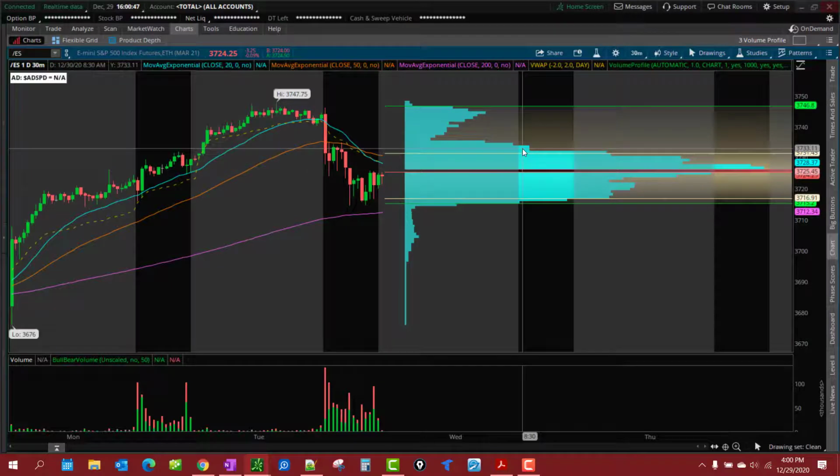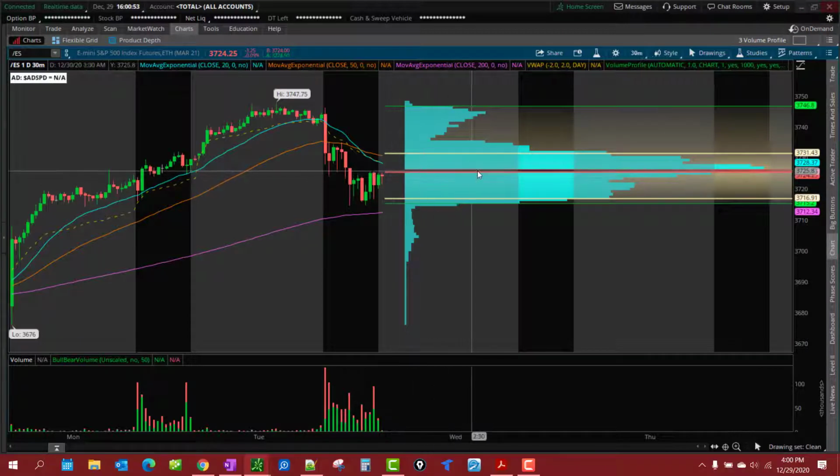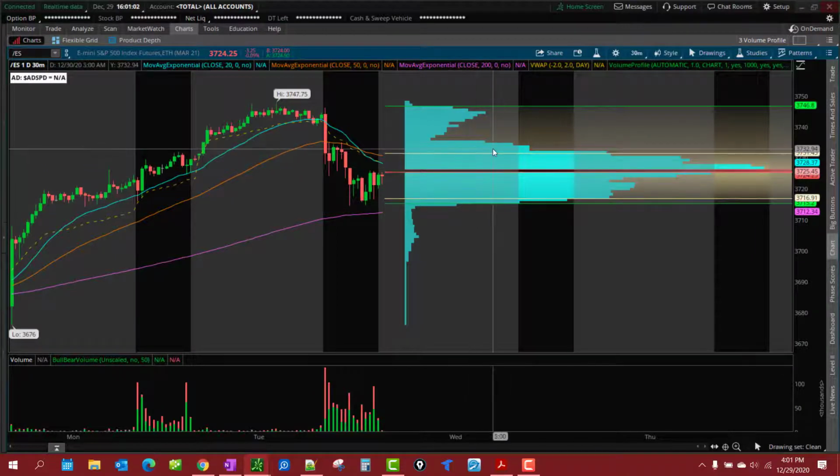It will either go this way or it will go this way. So when you're at the point of control, it's really a coin flip on which way it's going to go. You may have other indicators that can give you a little edge, an idea of which way it may go. But really it is a coin flip here.